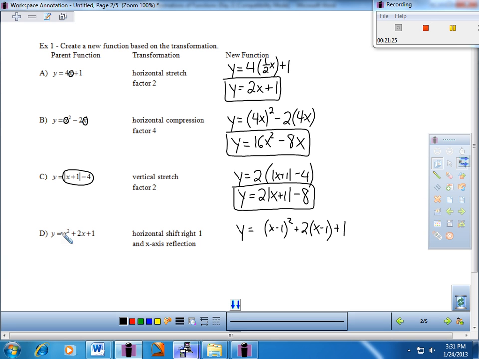Now at this stage, you are more than welcome to go ahead and FOIL this out, do this piece, and then do the next step. I'm going to try to consolidate if possible. So what I'm thinking here is then I also want to do an output change. I want to take that whole new function after this shifts to the right one, and I want to reflect it over the x-axis. How do I reflect something over the x-axis?